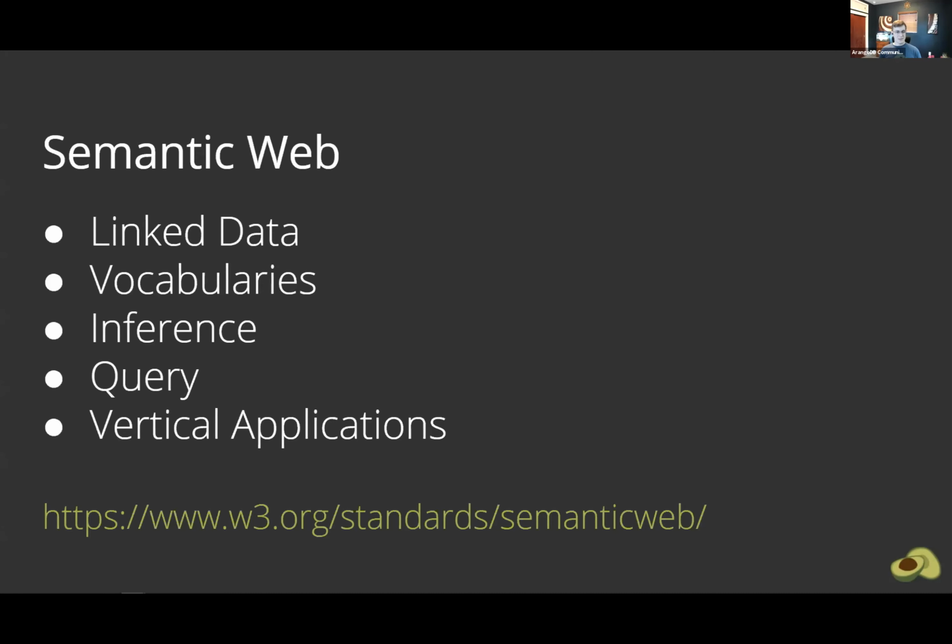So having this linked data, and then having the vocabularies that define what these links are and what the relationships are within the data that exists, and this ability to infer new data, and of course with a big goal of making this data queryable so that it's actually usable and you as the human can query it. And then the vertical applications refers more to new businesses trying to find new ways to work in the semantic or knowledge graph use case in their environment.